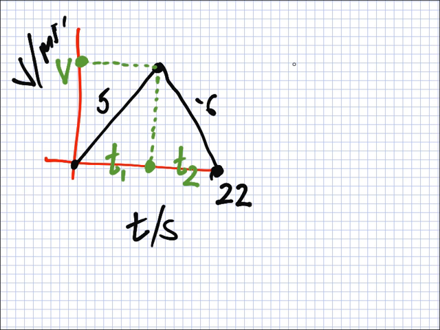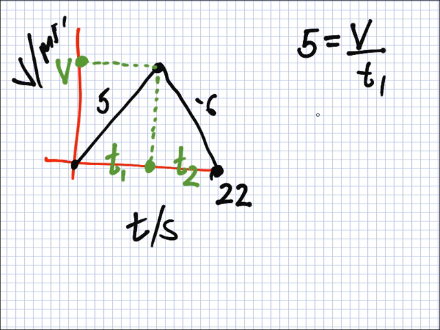Now, can somebody tell me what 5 should equal? V divided by T1, because it's a slope. 5 equals V over T1.